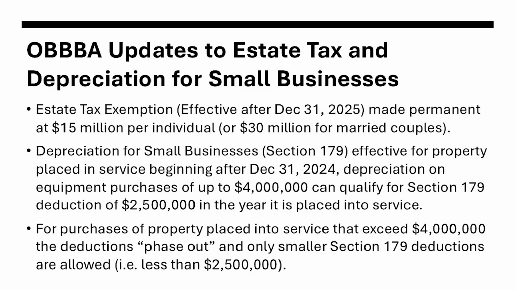So for purchases placed as of January 1st, 2025, even purchases on machinery and equipment this year can be depreciated up to $2.5 million for purchases up to $4 million. So those can be depreciated to help lower tax liability. That is basically the Farm Bill update in a nutshell.